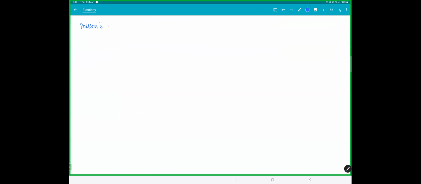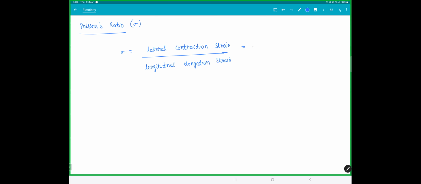It's a small topic. Sigma is given by the ratio of lateral contraction strain to longitudinal elongation strain, which is minus delta R by R over delta L by L. So if you take a cylinder of radius R and length L, and you apply force F on both the sides, it will stretch a bit.